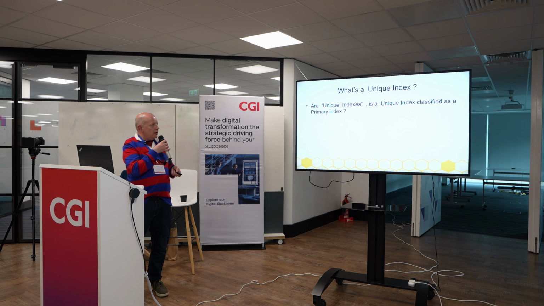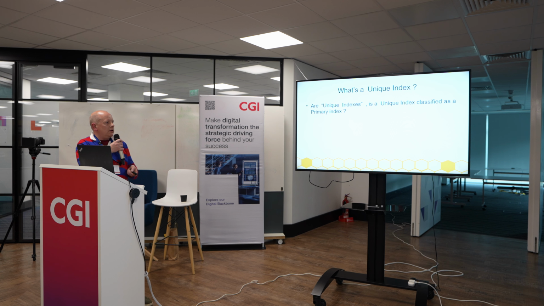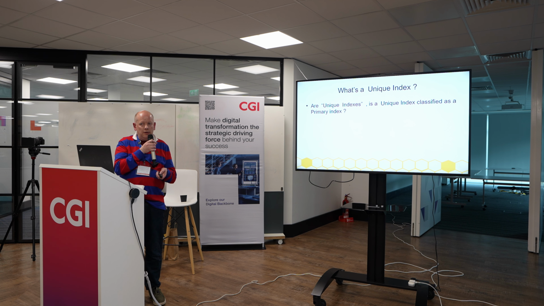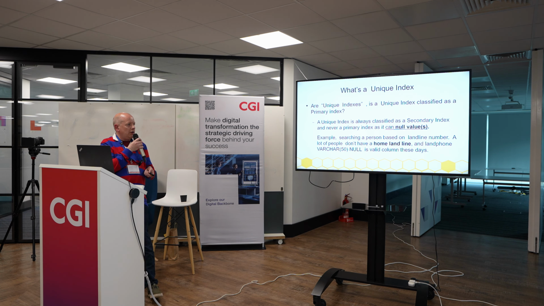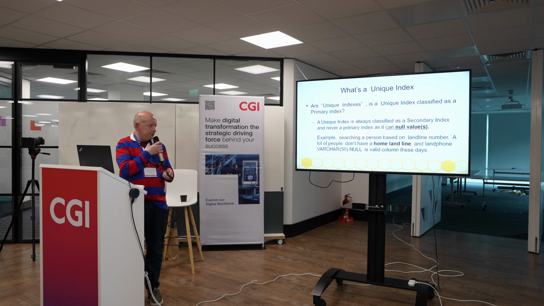Right, onto unique indexes. Are unique indexes classified as a primary index? A unique index is always classified as a secondary index and never a primary index, as it could have null values. Example, searching for a person based on landline number.